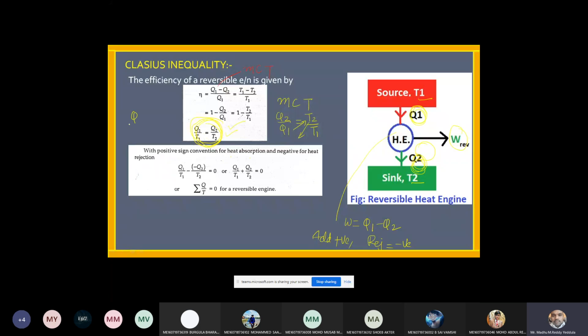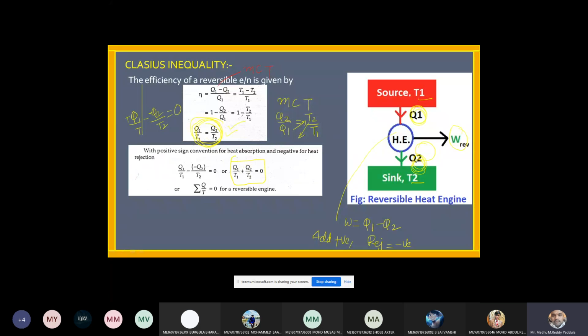If you write Q1 by T1 minus Q2 by T2 is equal to 0, that is the normal equation. By considering the signs of the heat, Q1 is positive and Q2 is negative, so the negative becomes positive. Therefore Q1 by T1 plus Q2 by T2 is equal to 0. Q1 is the heat extracted from the source at temperature T1, T2 is the temperature of the sink, and Q2 is the heat rejected.